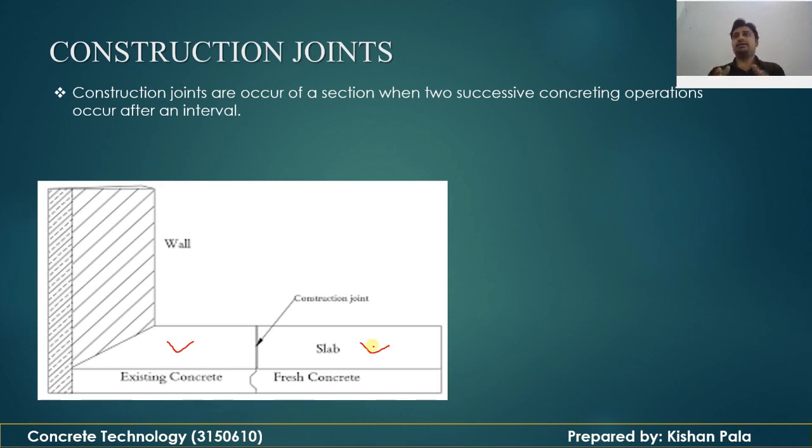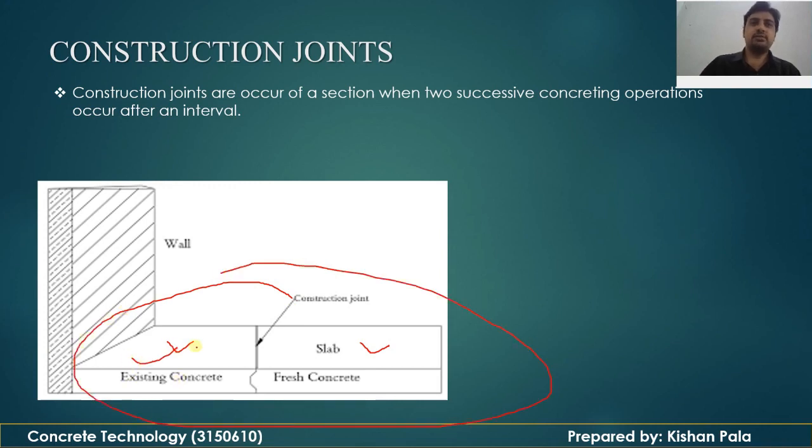I have taken a simple example where I have to construct my slab in 2 days. On the first day I construct this portion, and on the second day I construct this portion. So with the old portion and the new portion, in that case we have to provide a construction joint between them.